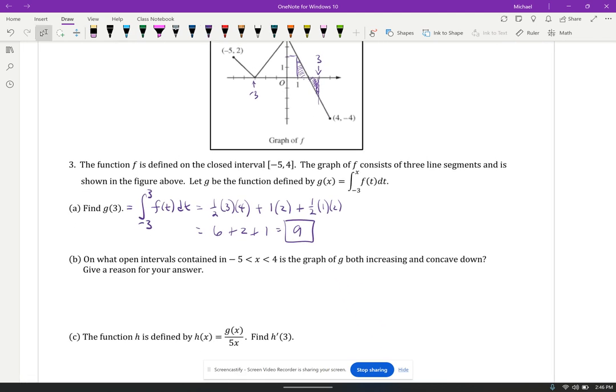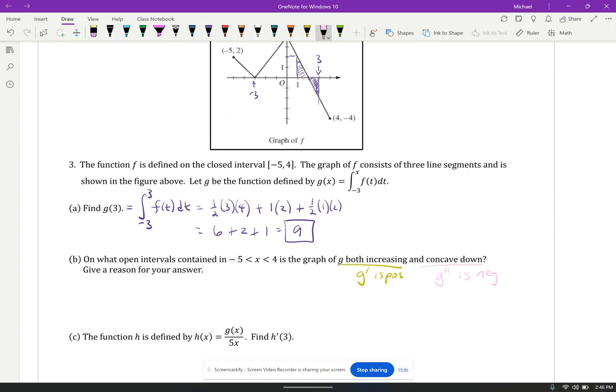On what open intervals in the interval from -5 to 4 is the graph of g both increasing and concave down? So for this part, I need to know where g prime is positive, and for this part, I need to know where g double prime is negative.